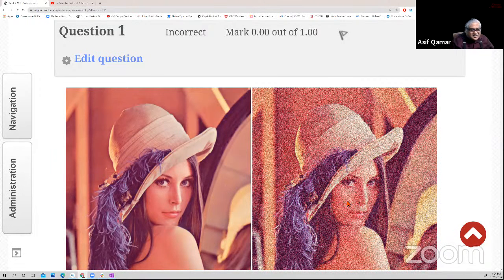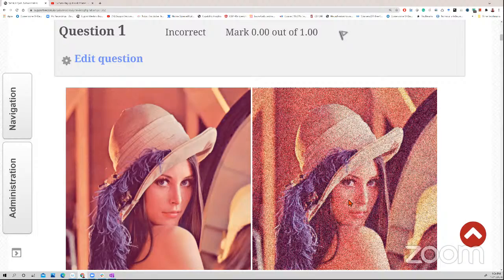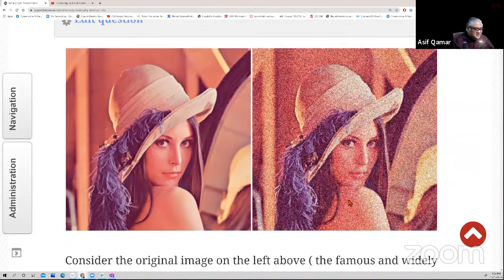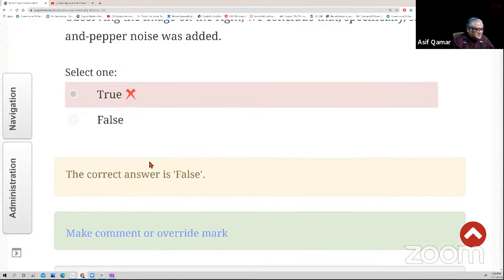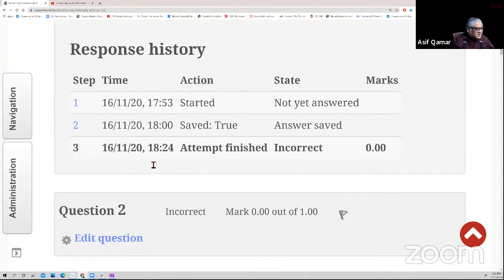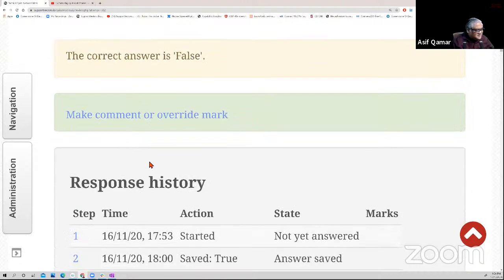So we notice that the noise is not black and white. It's not that some pixels have been completely turned on and some have been completely turned off, right? So it is not. The answer simply is, sorry. Yeah, so it should be false. The correct answer is false. And I think you didn't get many wrong, but this one you got wrong.